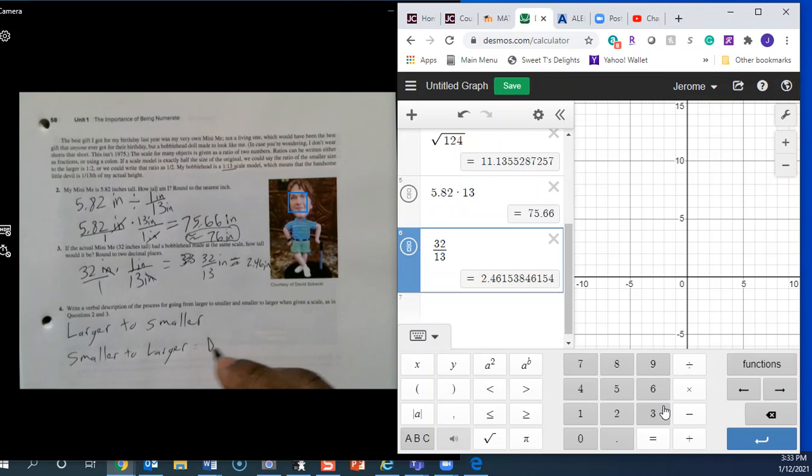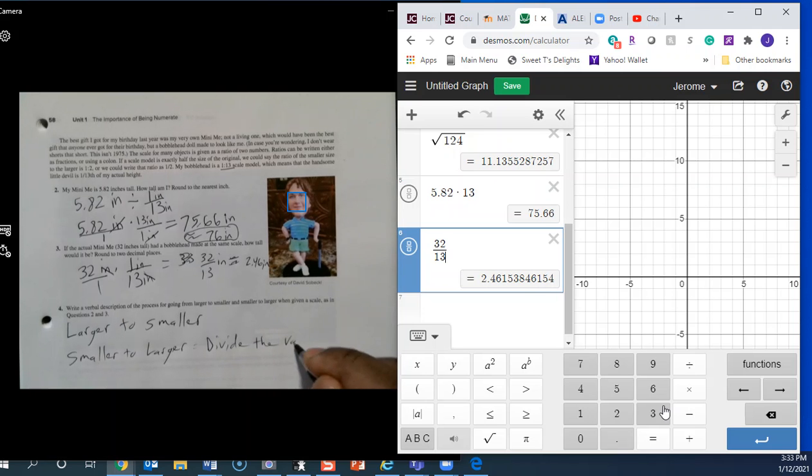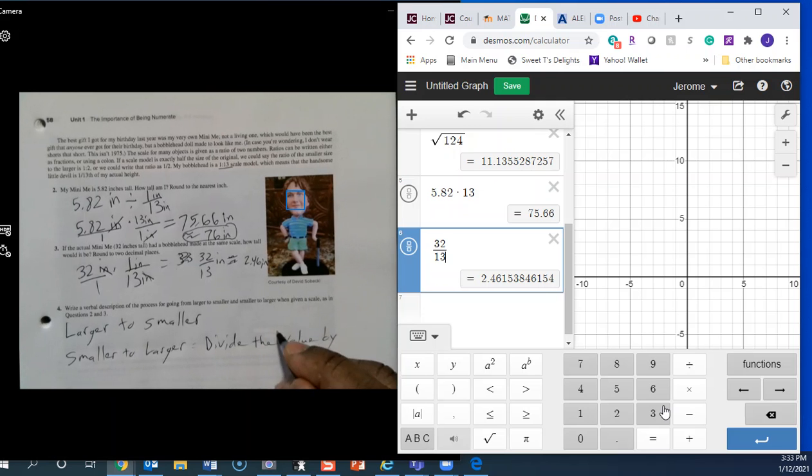we would say we would divide the smaller value by the scale.